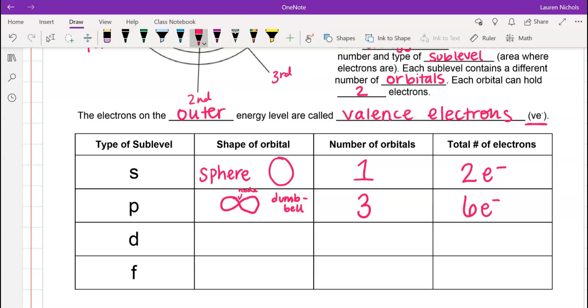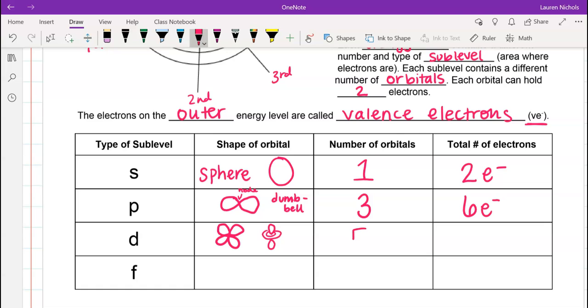And the D sublevel looks like this, where that is 1 of them. For the 3 P sublevels, there are 3 of this shape. For the D sublevel, there are 4 that are of this shape, and then the 5th one kind of looks like a figure 8 inside of a donut hole.